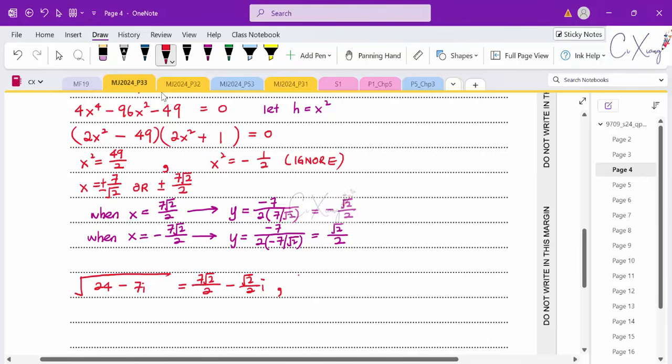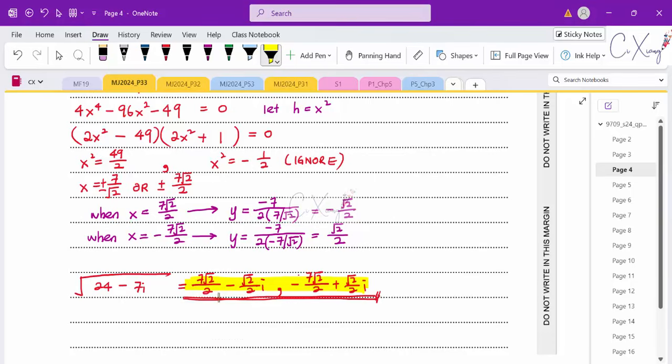Another one is negative 7 root 2 over 2 then plus root 2 over 2 i. So by right, these two will be the square root of 24 minus 7i. These two answers. Okay, because this positive x pairs with this negative value for y. So that's why you can see this is the final answer.